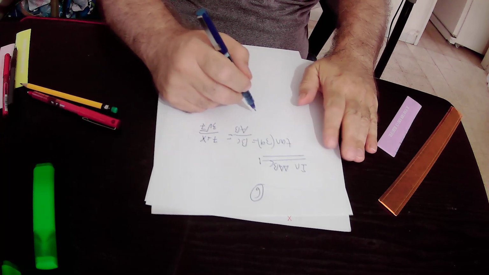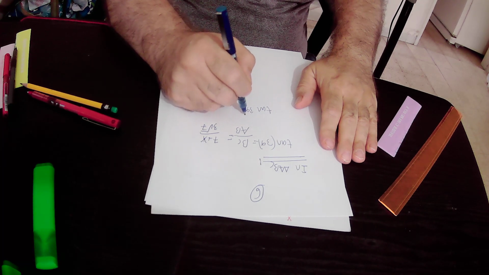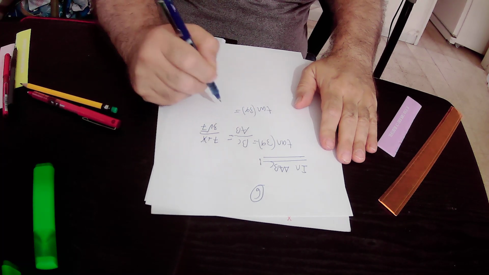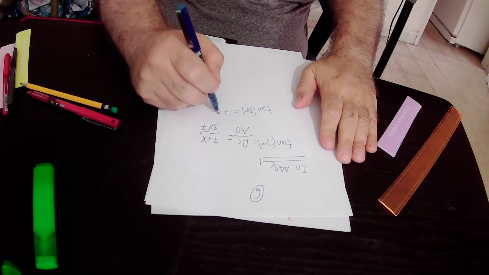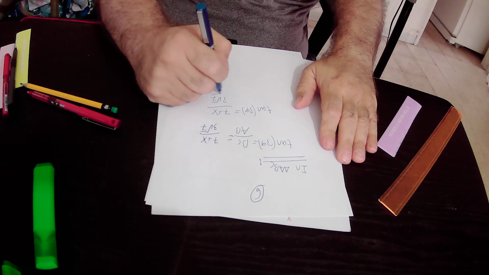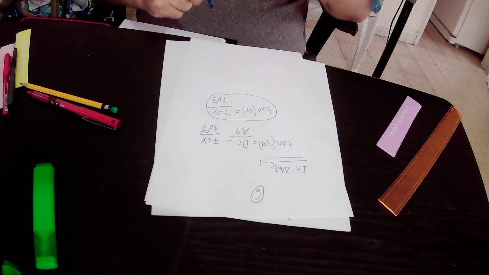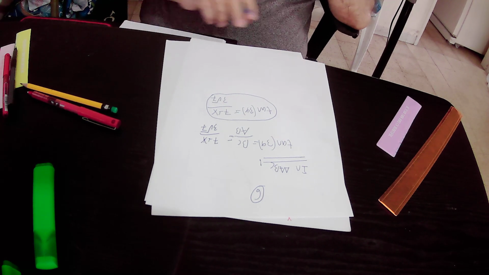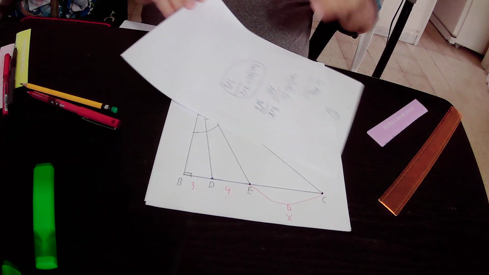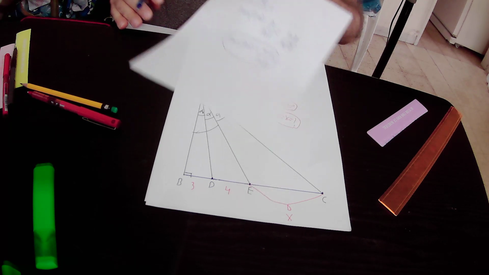So in total we got that the value of tangent 3 alpha is actually 7 plus x over 3 times root 7.